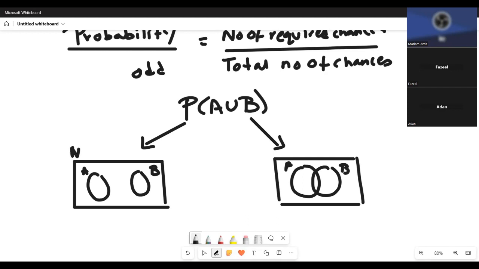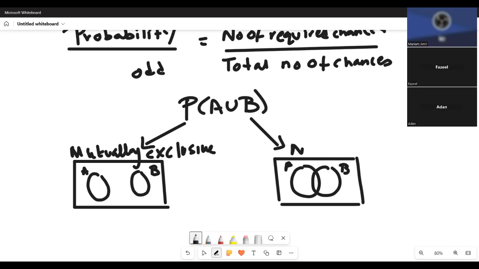We call these sets, A and B, mutually exclusive.